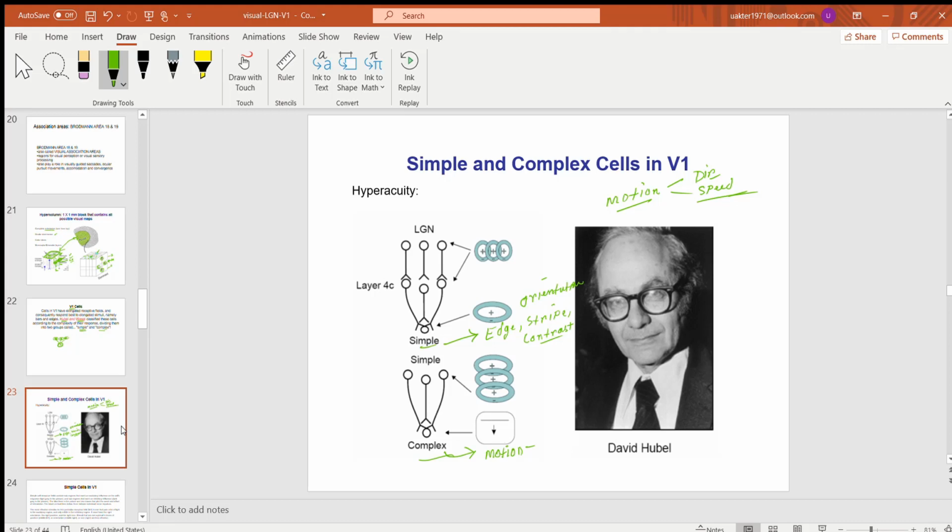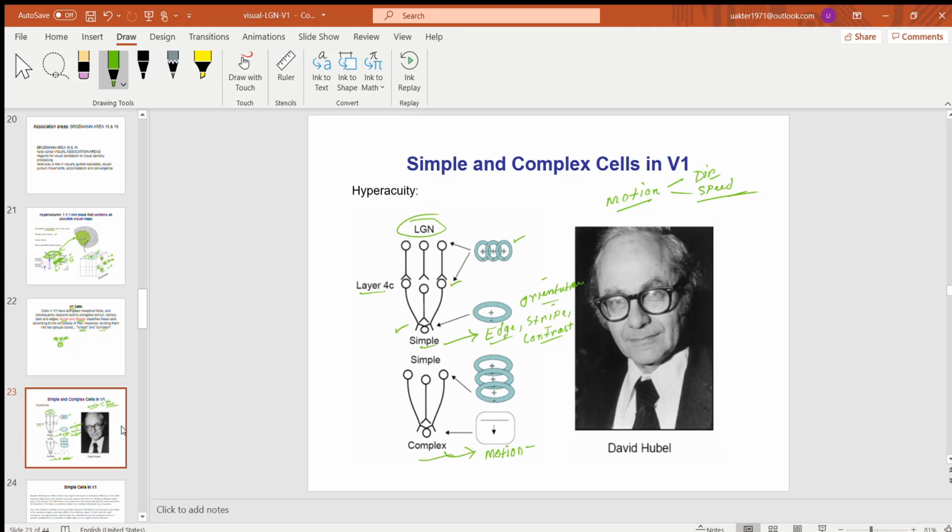Okay, and you see here lateral geniculate nucleus and layer 4C and V1 simple cells here.